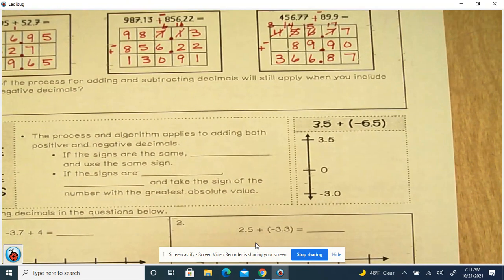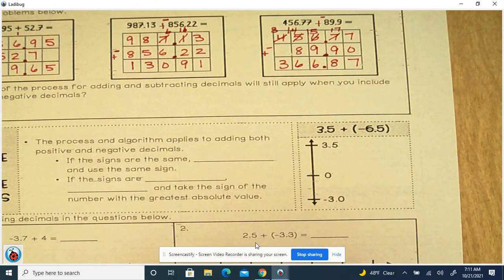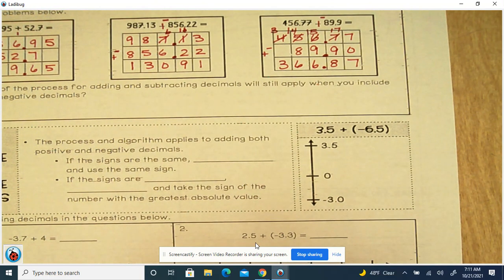What part of the process for adding and subtracting decimals will still apply when you include positive and negative decimals?